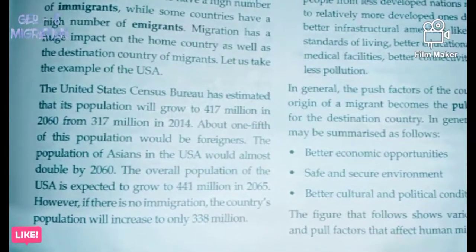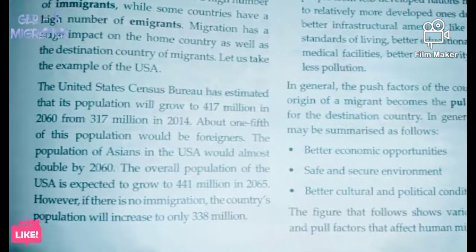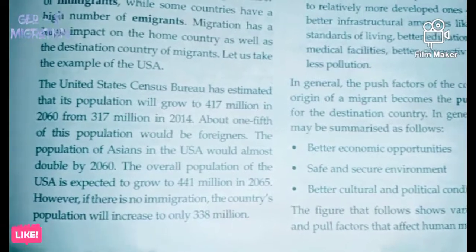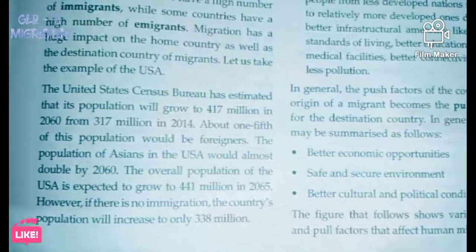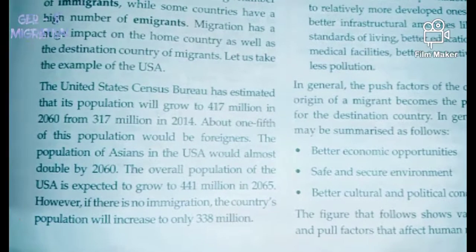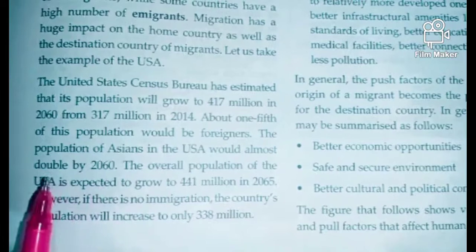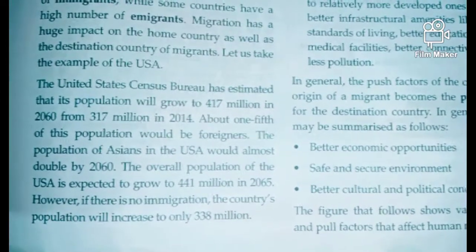About 1/5 of this population would be foreigners. Whatever population will grow, 1/5 of that will be foreigners. This means they will be immigrants. The population of Asians in the USA would almost double by 2060.